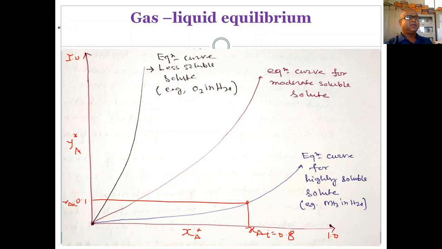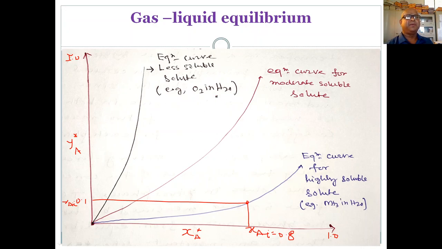And if you take a very sparingly or less soluble solute, like oxygen in water: you know that in air the oxygen concentration is 21%, meaning 0.21. Do you know what the concentration of oxygen in water is?